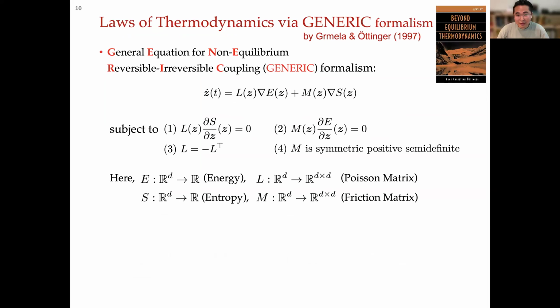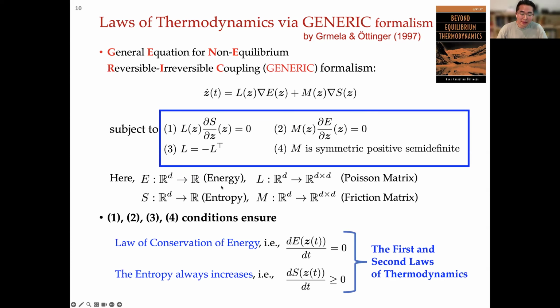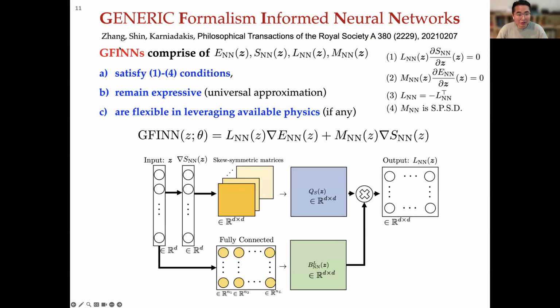Furthermore, there is the so-called GENERIC formalism, which states that the dynamics may be written in a certain structured form utilizing the four functions L, E, M, S, and each has its own physical meaning: energy, entropy, Poisson and friction matrices. But there are constraints that ensure the dynamics satisfies the first and second laws of thermodynamics. Inspired by this formalism, George and I and former grad student Zhen proposed GENERIC formalism informed neural networks, published in Philosophical Transactions of the Royal Society A.